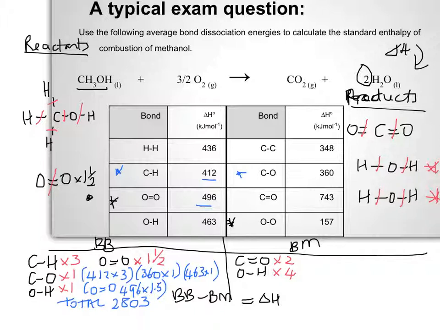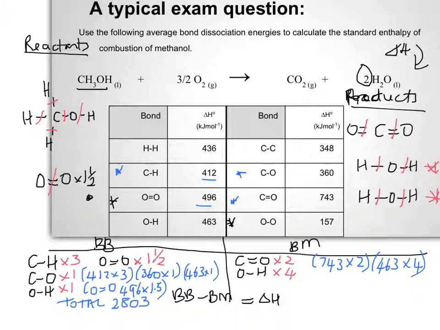So we look at our table and find the C double O bond is 743, and we need 2 of those, and we need to add the OH bond, which is 463 times 4.